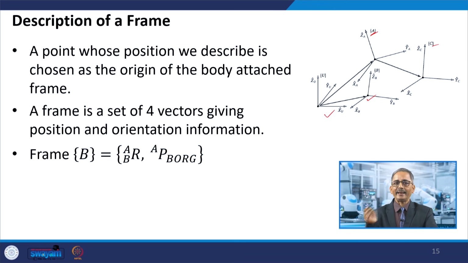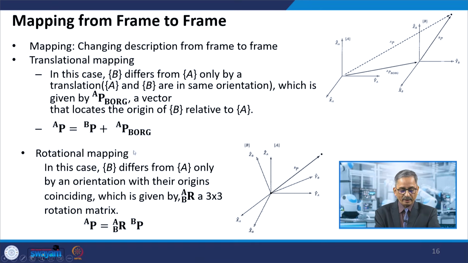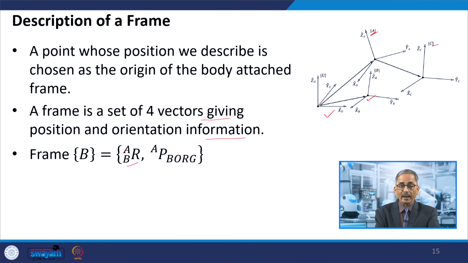As I said earlier, a frame is a set of 4 vectors giving position and orientation information. So, if I am talking about frame B and frame A, I could have a rotation matrix R which gives the description of frame B with respect to frame A, and the origin of frame B with respect to frame A is represented by the position vector.